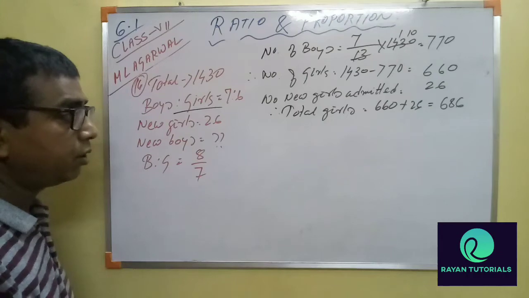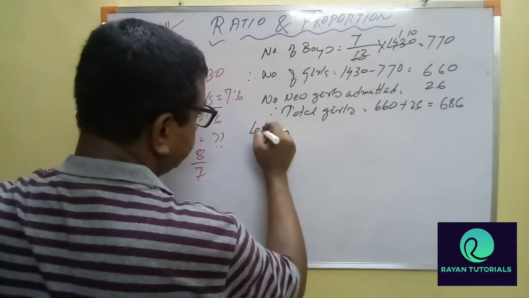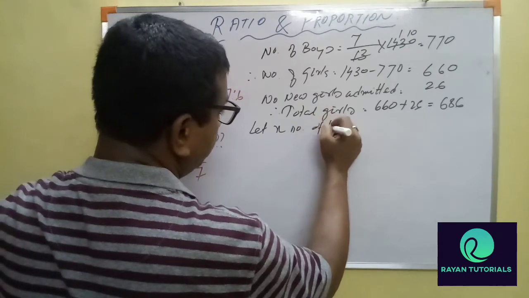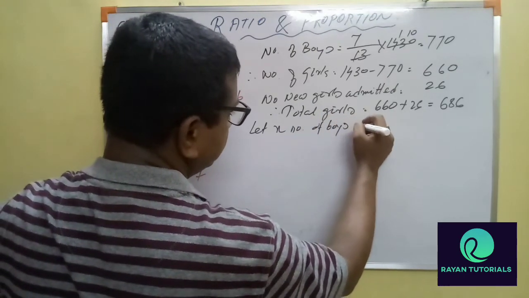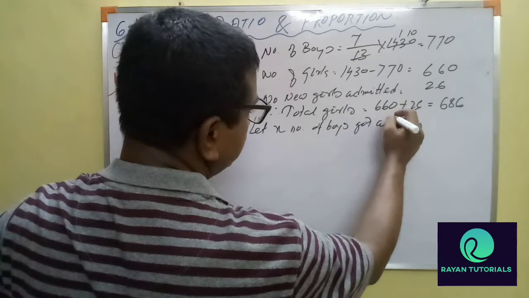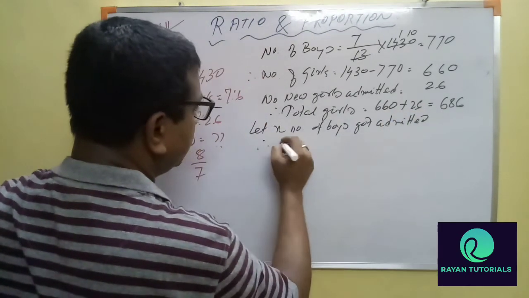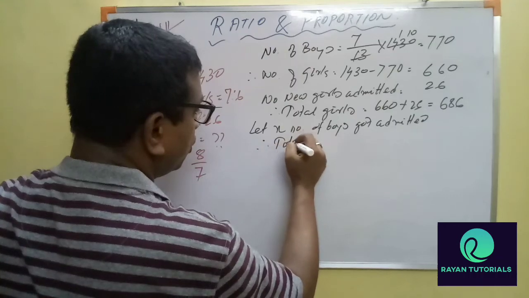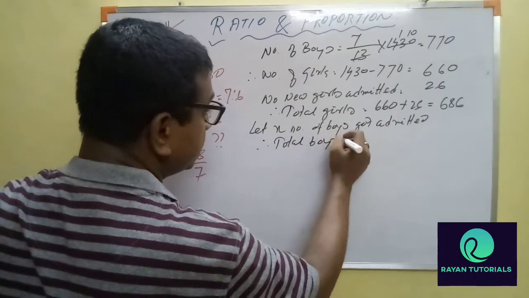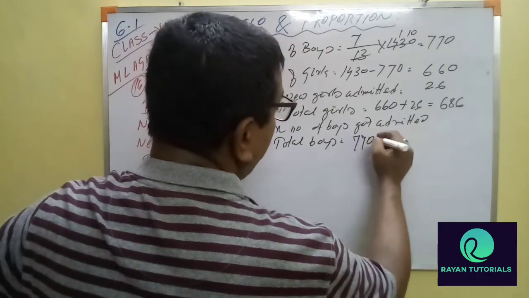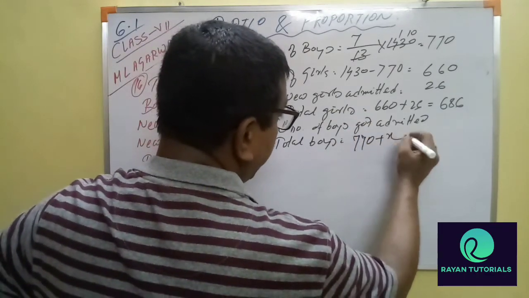Okay. Let X number of boys get admitted. Therefore, total boys, how many boys were there? 770. How many admitted new? X.